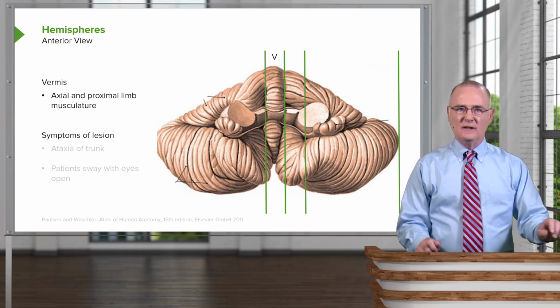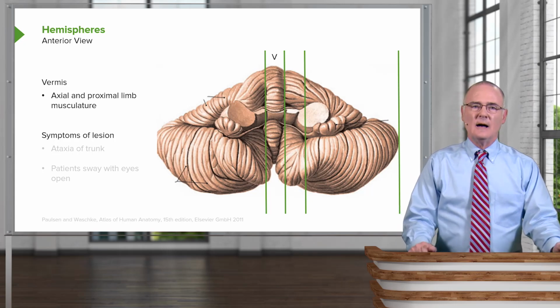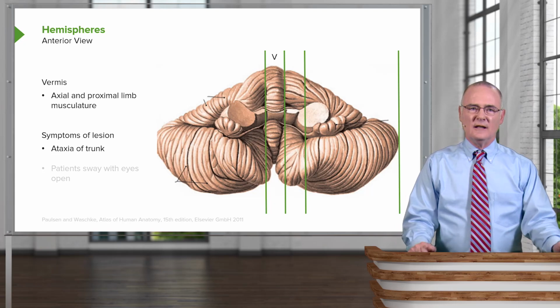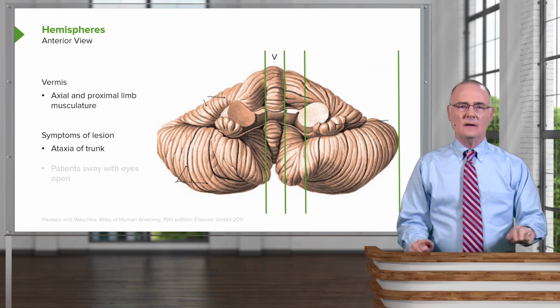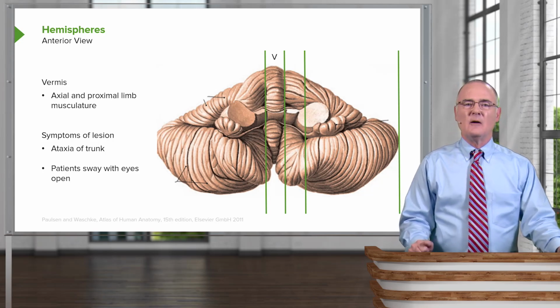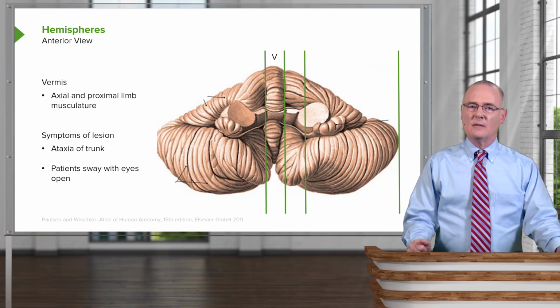If there's a lesion in this area, it can result in ataxia of the trunk, those axial musculature, and patients will sway with their eyes open due to the proximal limb musculature inhibition.